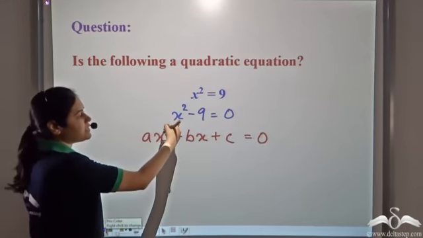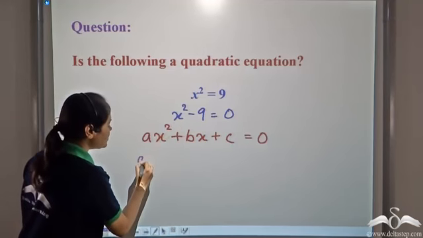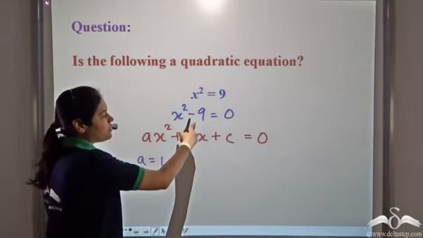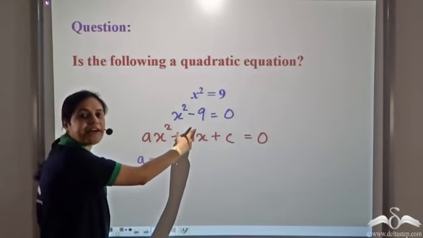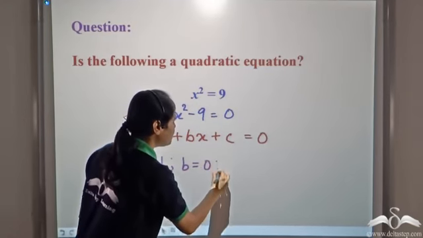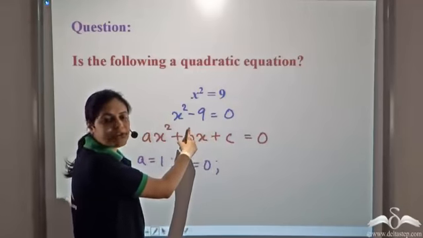Now, in this case, the coefficient of x square is 1. So we can say a is equal to 1. There is no x term. So we can say that the coefficient of x is 0. That is b is equal to 0. The constant term is negative 9.